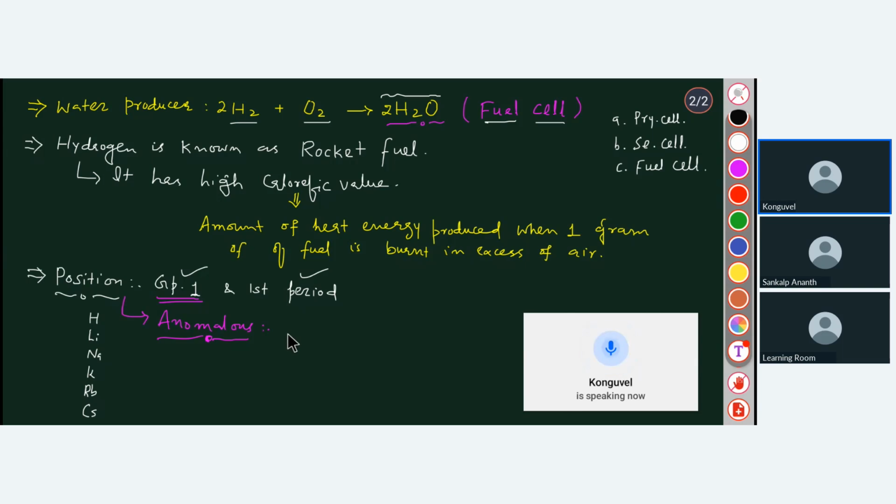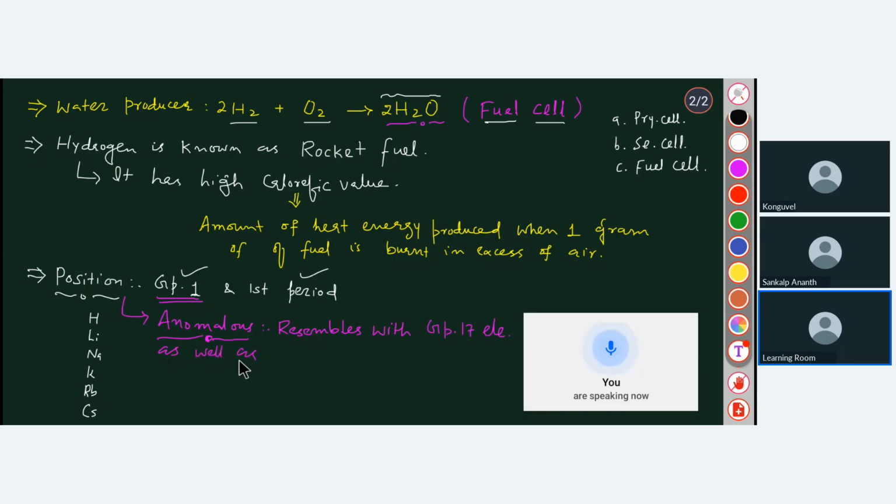Right? Yes, sir. Okay, I will write it here that anomalous means hydrogen resembles group 17 elements as well as alkali metals, right?